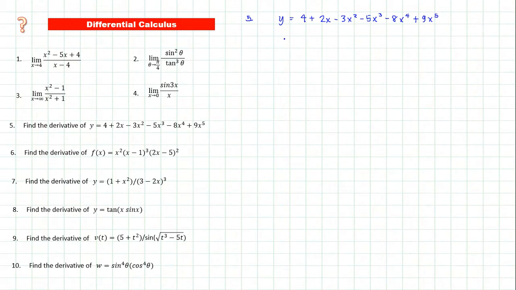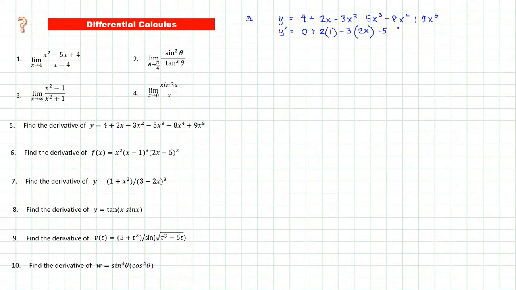Now, using the right notation, y and x naman yan, so y prime. Y prime is equal to, derivative ng 4 ay 0, plus 2 times derivative ng x ay 1, minus 3 times derivative ng x squared ay 2x. Diba?